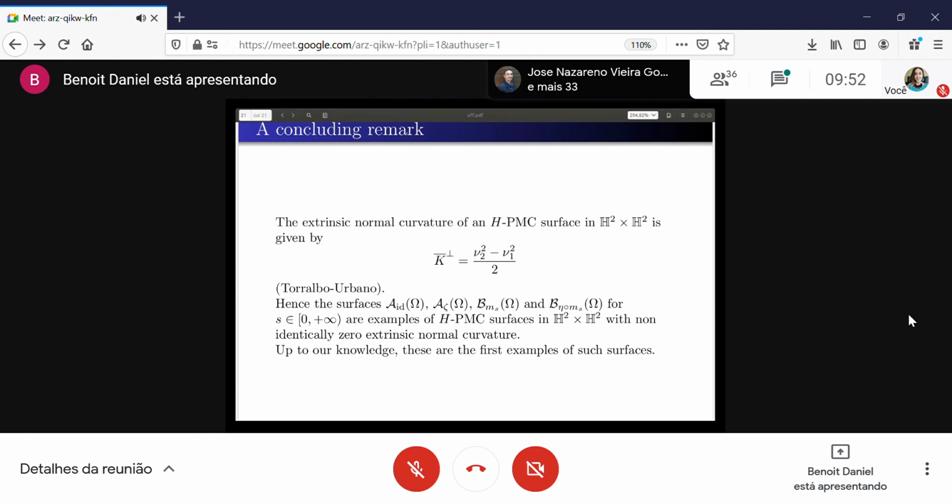It's very hard to say because in the complex case, people use a lot of the normal vector field to construct a basis. Yes. But in your case, you also use this. I mean, this construction is in the Toralbo-Urbano argument.